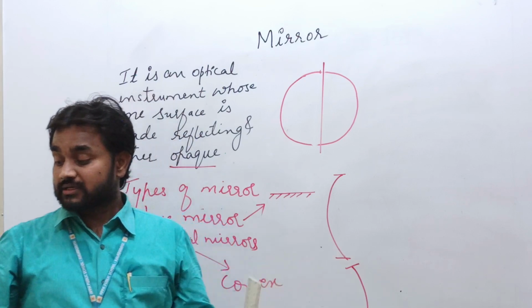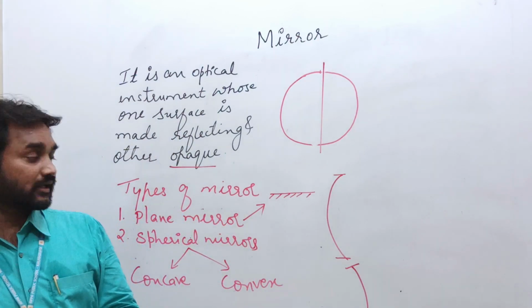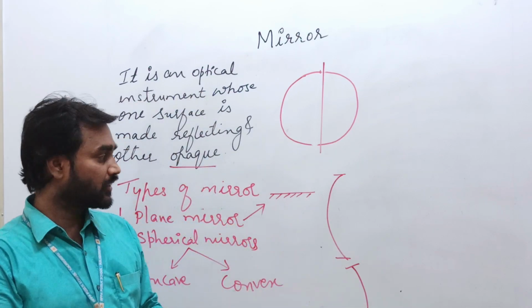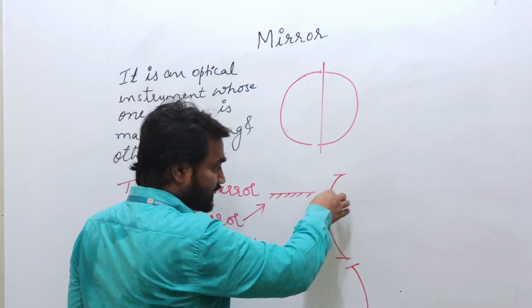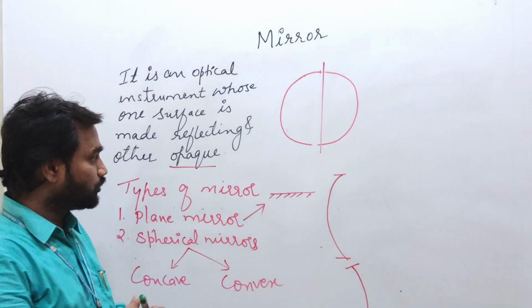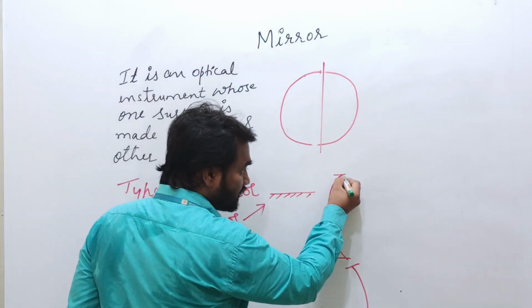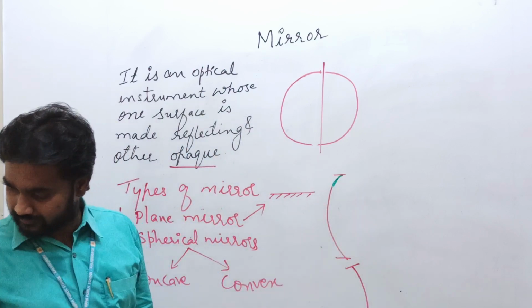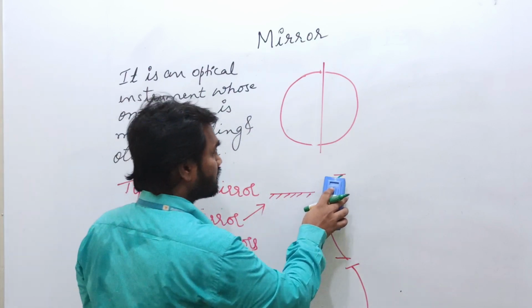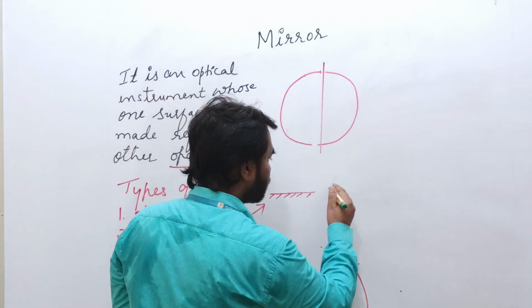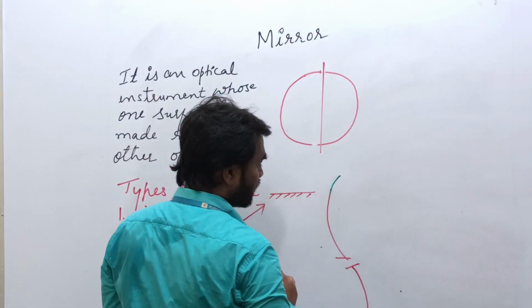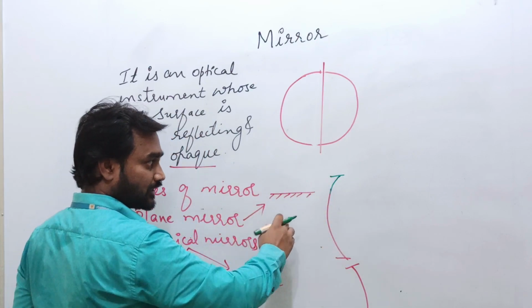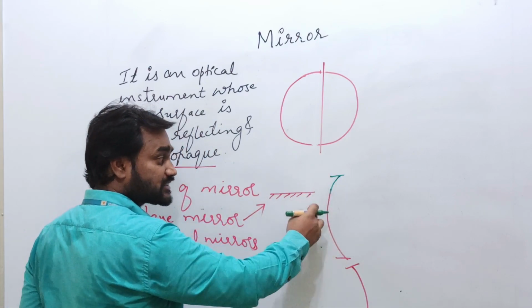Now, which one is the concave mirror and which one is the convex mirror? How do we identify this? You can see this part of a spherical mirror is curved outwards.